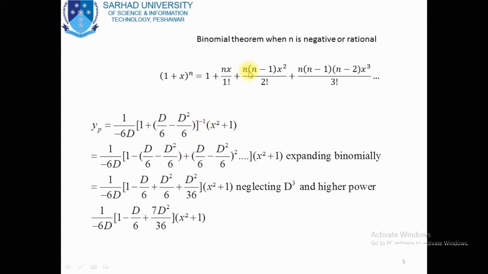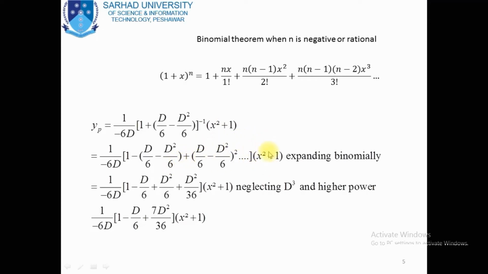Now plus n into n minus 1, that is minus 1 into minus 1 minus 1, which is minus 2, and the 2 and 2 factorial cancel, so this is plus. Then x square, the x term, D by 6 minus D square by 6 whole square, and so on, into this polynomial.